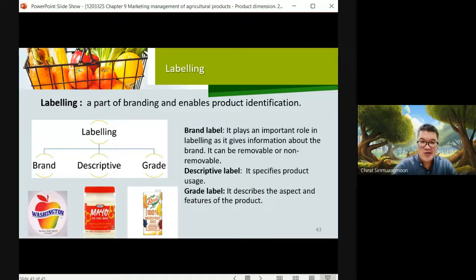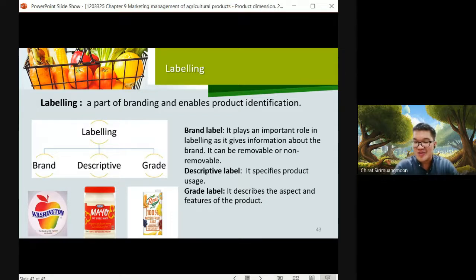So again, in conclusion, labeling can be done with three techniques. For brand, they use the brand to remind you this is the product of this brand. Sometimes the brand is not quite dominant, or you do not need to promote the brand a lot, but you need to promote the characteristic.